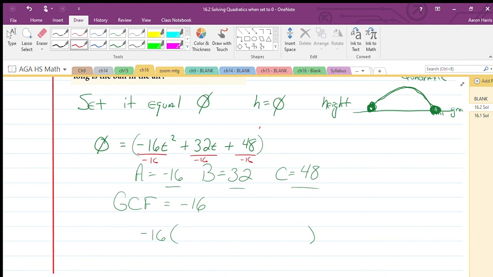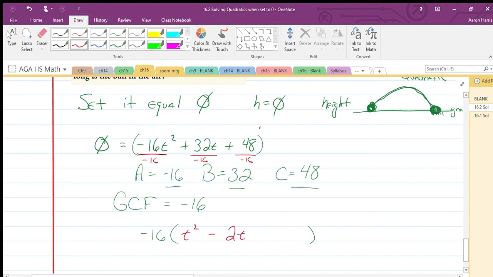So negative 16 divided by negative 16 is a positive 1. So what's left? T squared. Positive 32 divided by negative 16 is a negative, because a positive and a negative is a negative. 32 divided by 16 is what? 2. So I get 2t.